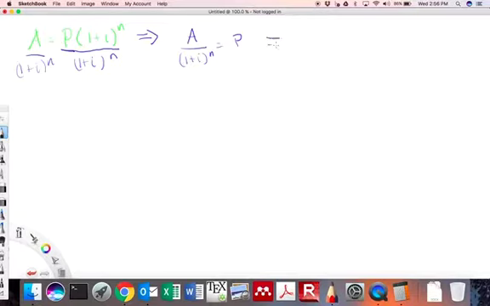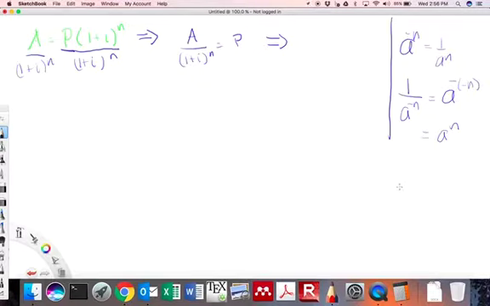And it turns out that, remember we had a to the negative n is 1 over a to the n, that means 1 over a to the n is a to the opposite of n.